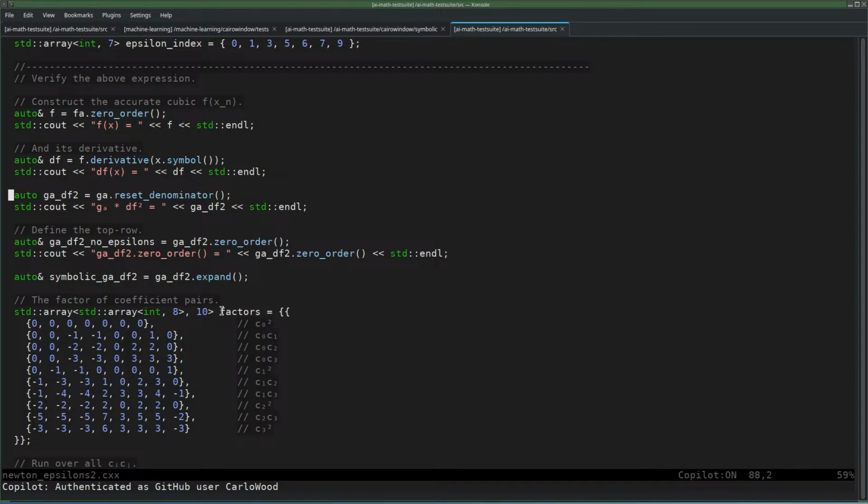Getting factors call. There is a minus 1 in here. So what does the index mean? The 0, 1, 2, 3, 4, 5, 6, 7 index.